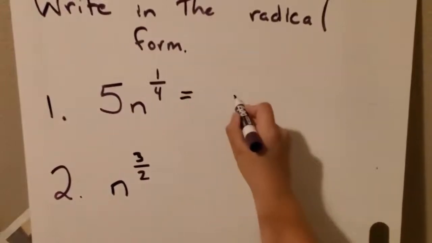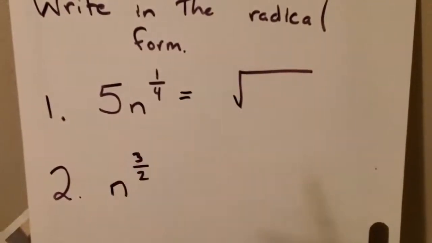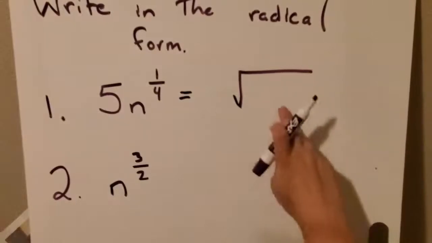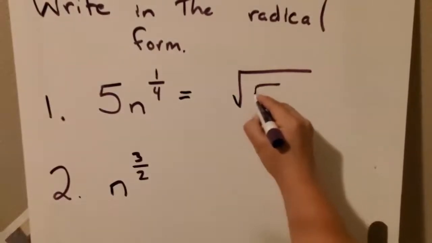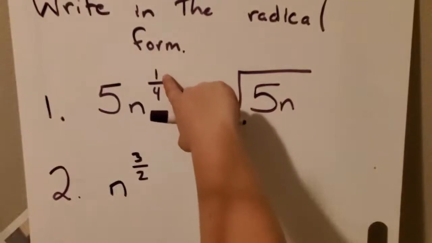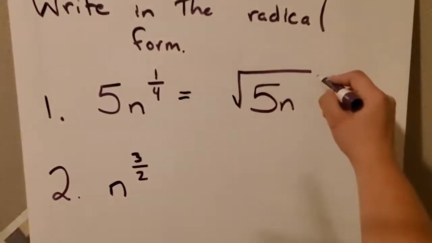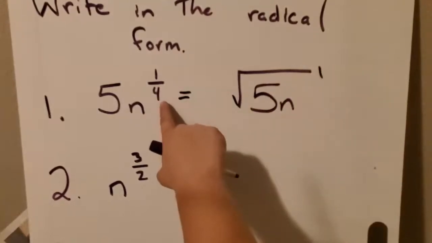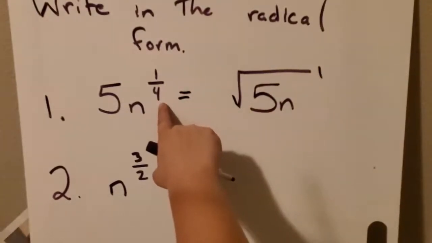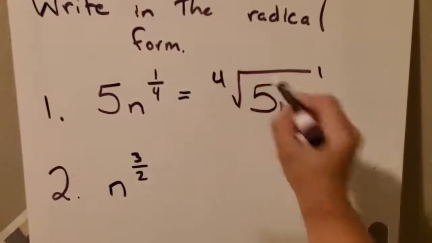So we have our radical. Our base number, in this case, is 5n, stays under the radical. The top, or numerator, of the exponent is the power that this value is raised to, and the denominator of the exponent is the root outside of our radical.